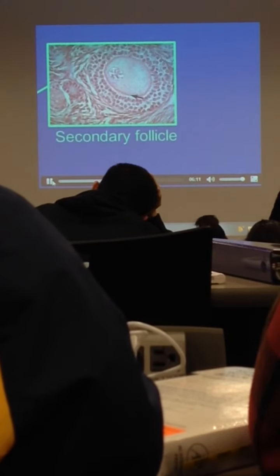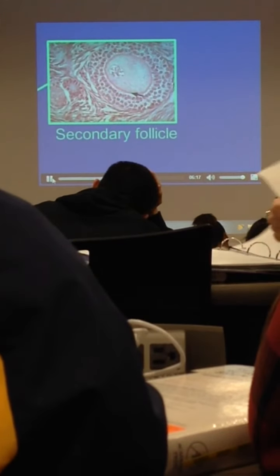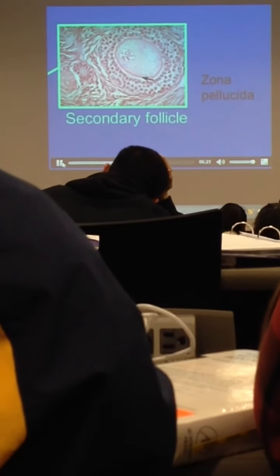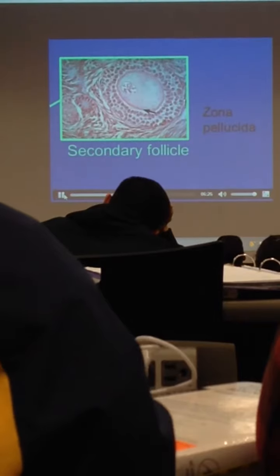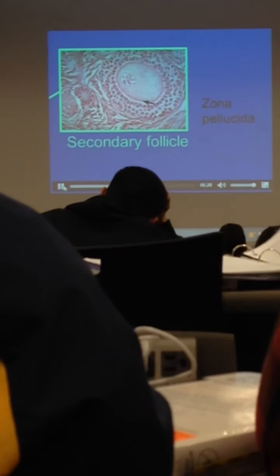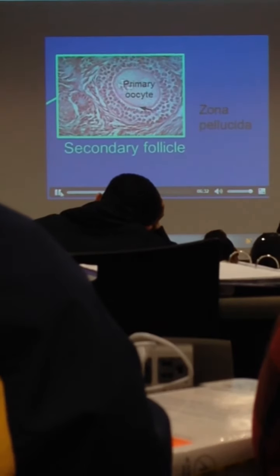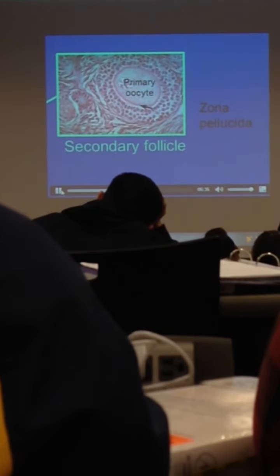This secondary follicle possesses 3 to 4 layers of cells. Notice the dark pink ring indicated by the black arrow. This is the zona pellucida, a glycoprotein membrane that surrounds the plasma membrane of the oocytes of mammals. It is the zona pellucida that contains the species-specific sperm receptors.